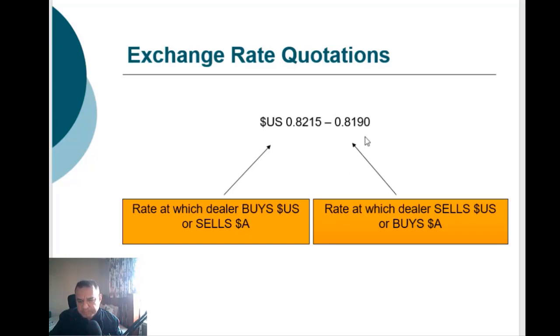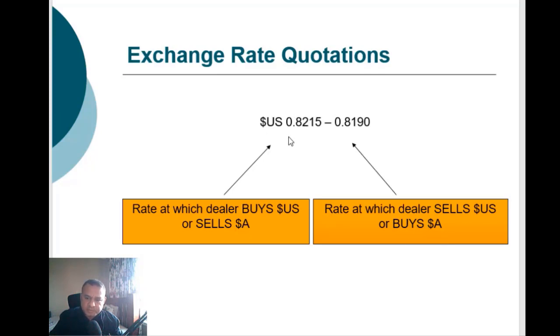So this rate, the lower one, is the rate at which the dealer sells US dollars or buys Australian dollars. So when the dealer sells the US dollar, it means you will buy it.